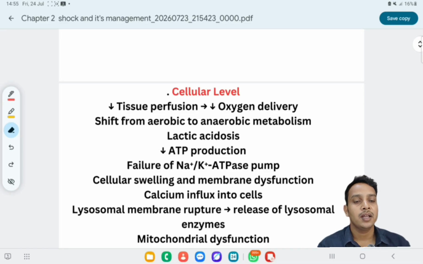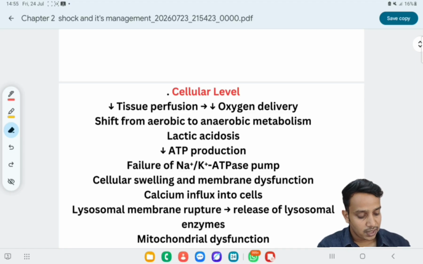Whenever there is release of the lysosomal enzymes inside the cell, they damage the other cellular particles and cellular substance, leading to cell death as the end product. So multiple cellular deaths will happen, leading to necrosis, or if there is a plan, there is apoptosis. So this happens at the cellular level.